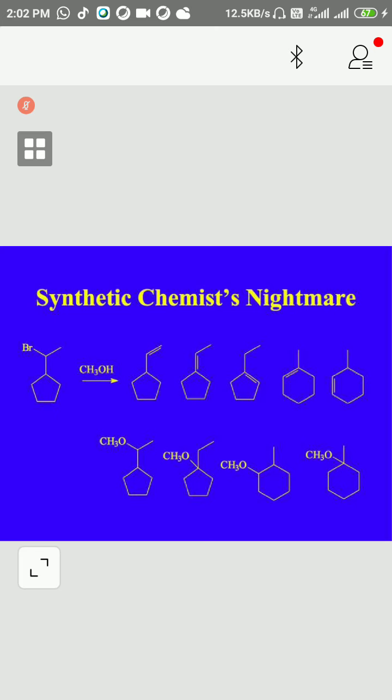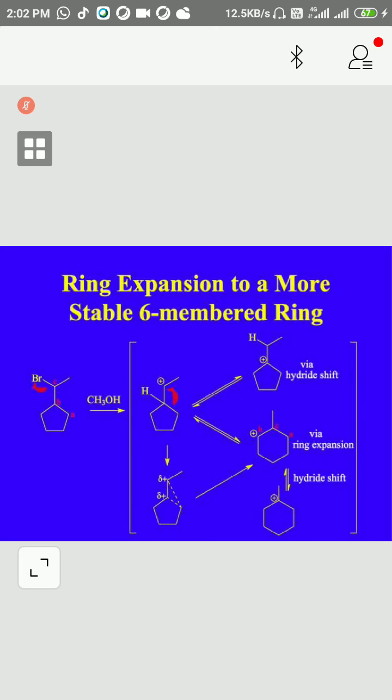How that will take place, you can see in this example again. Here, the first step is formation of a carbocation. That carbocation is stabilized by hydride shift in the first example. Second is via ring expansion.